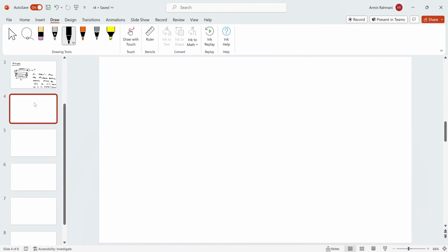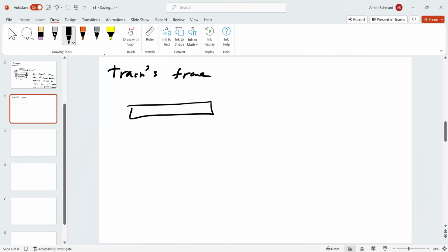Okay, so let's analyze this. In the train's frame, we see the platform that has a contracted length L over gamma moving this way.